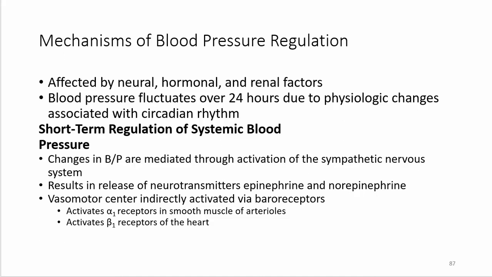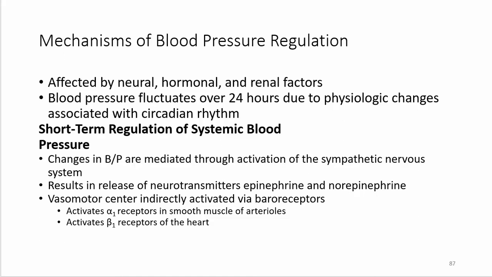Just if there's more demand, then we need more pressure. Right? Now, it's regulated in short-term and long-term methods. Short-term in seconds or minutes, and most of the short-term regulation is through the sympathetic nervous system, through epinephrine and norepinephrine.